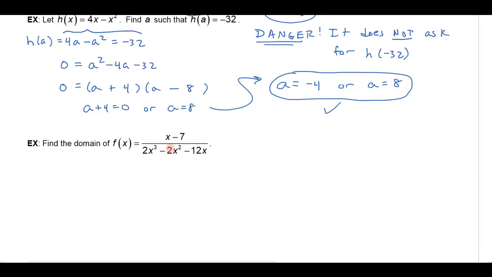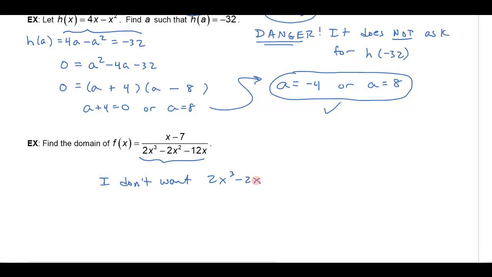Well, remember that at this stage in our algebra, the only domain concerns you really have to worry about are number 1, don't divide by 0, and number 2, don't take square roots of negative numbers. So here I have the potential to divide by 0. Because I have this algebraic expression in the denominator, I say to myself, I don't want that denominator to be 0.